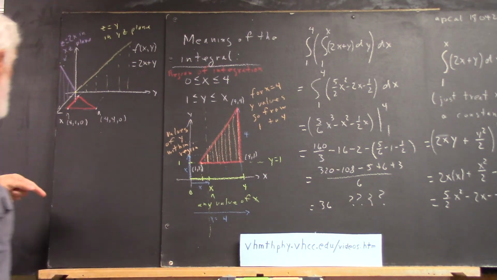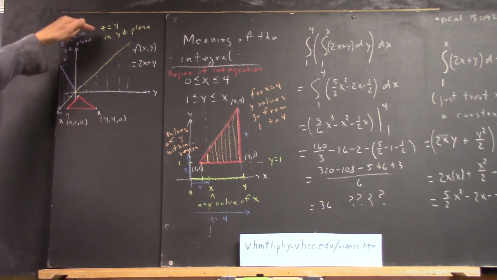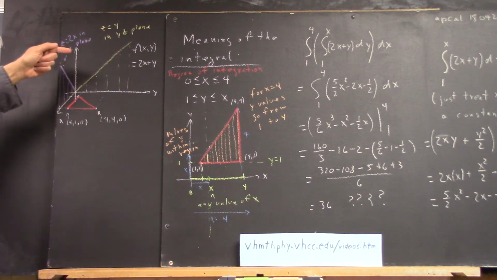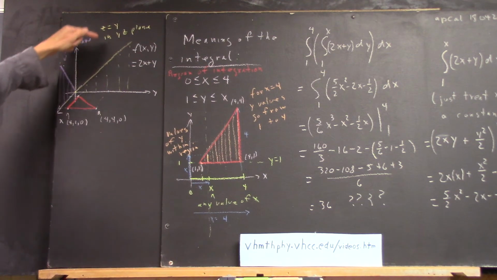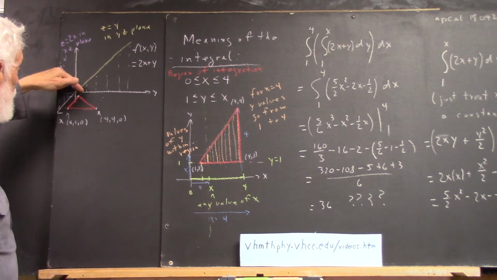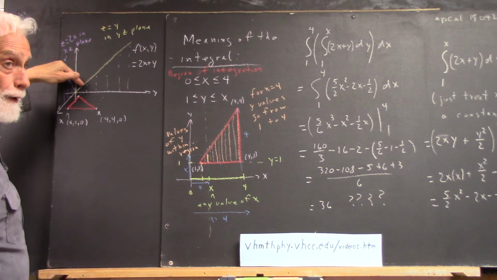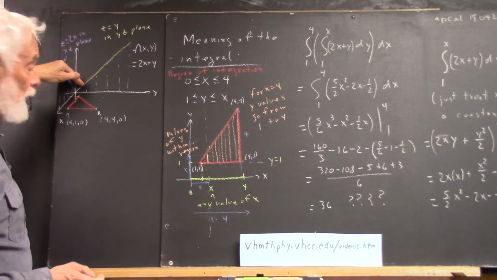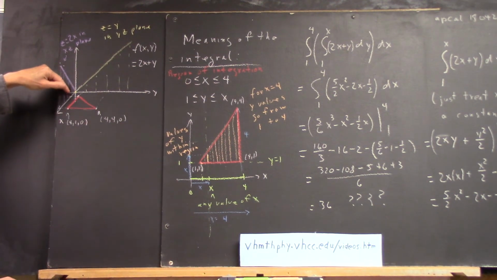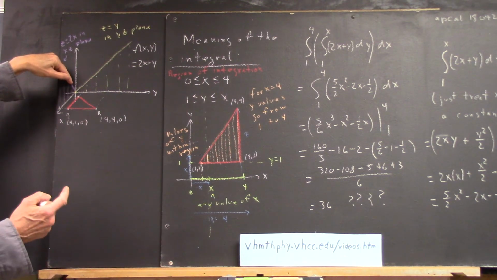Now that corresponds to the idea that if you go over 1 unit in the y direction with the z equals y line, z is going to equal 1, right? So you come over 1 unit in the y direction and you're going to add 1 to the z coordinate, right? But also you come out 1 unit in the x direction and you're going to have z equals 2 here.